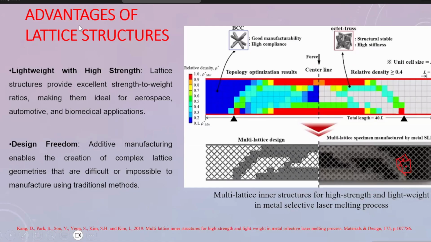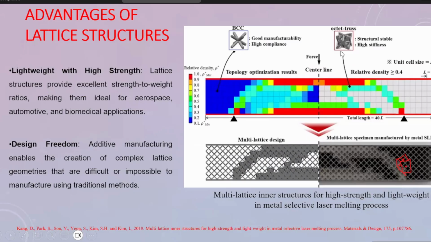And some of the advantages of these lattice structures are as follows. This BCC, which I talked about right now, is the body centered cubic. The atoms are present along the corners and at the center of the unit cell. So here also the struts are connecting along the corners and at the center. So this is the BCC structure.